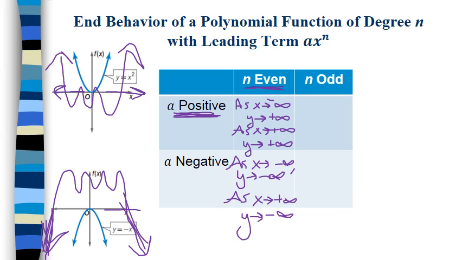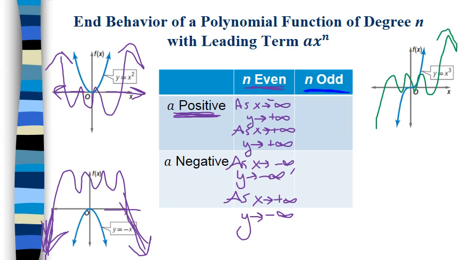When n is odd, we get graphs that more or less look like this. Now, they could do funky things, so they could look like that. But overall, when the exponent is odd and a is positive, as x goes this way, negative infinity, y is going to go down to negative infinity.